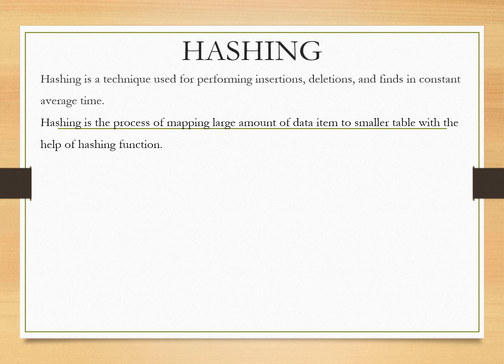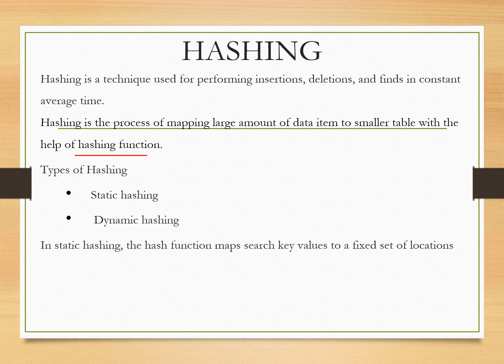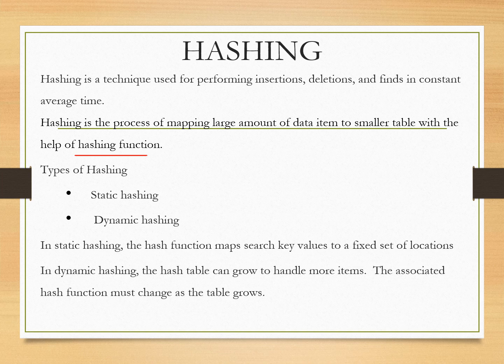And how is this mapping done? With the help of a hash function. With the help of this hash function, mapping of data to a table is done. So there are two types of hashing actually, static hashing and dynamic hashing. In static hashing, the hash function will map the key to a fixed set of locations.